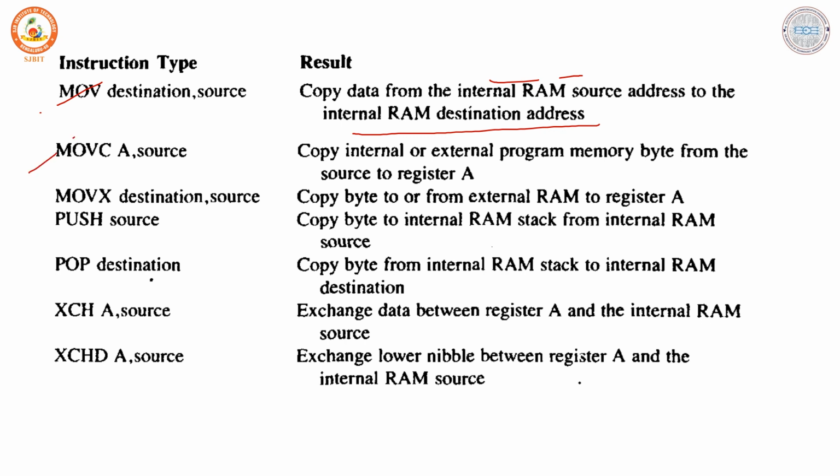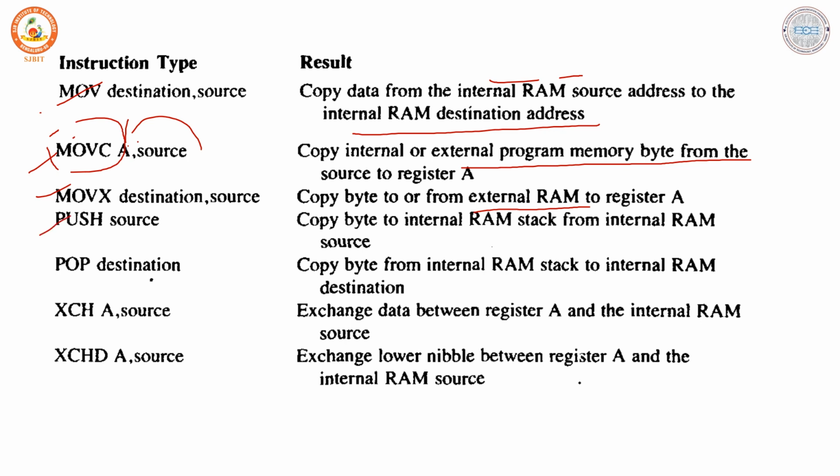And we have MOVC A comma source, which is an instruction used to copy the internal or external program memory byte from the source to the destination. MOVX is a command used for external purposes, that is whenever you want to get data to or from external RAM, we make use of MOVX.